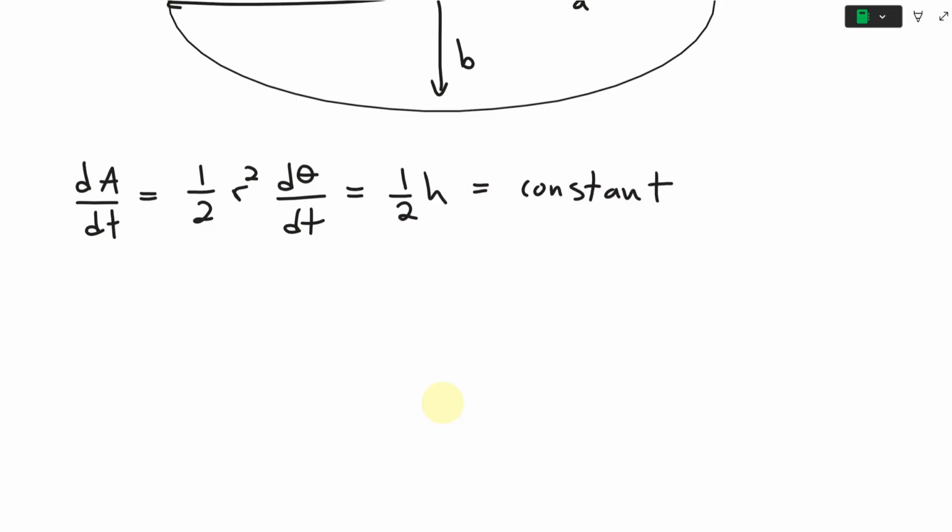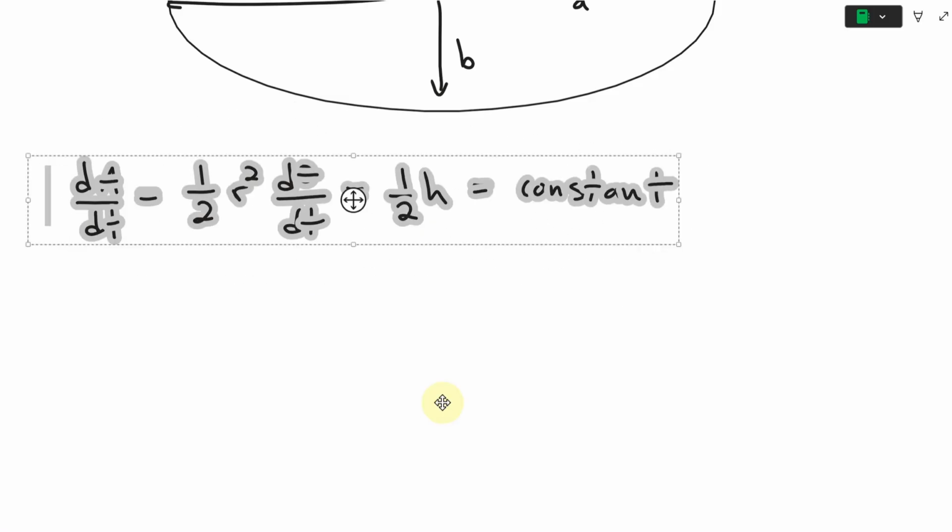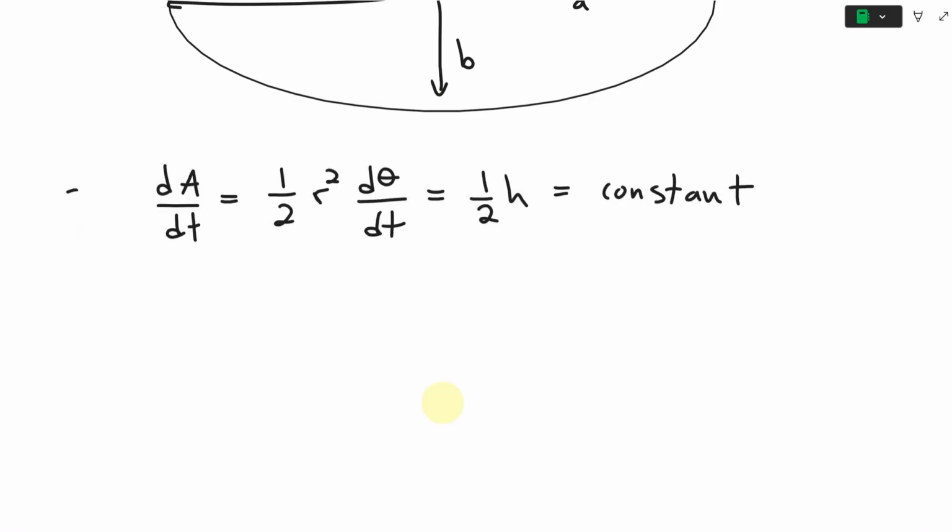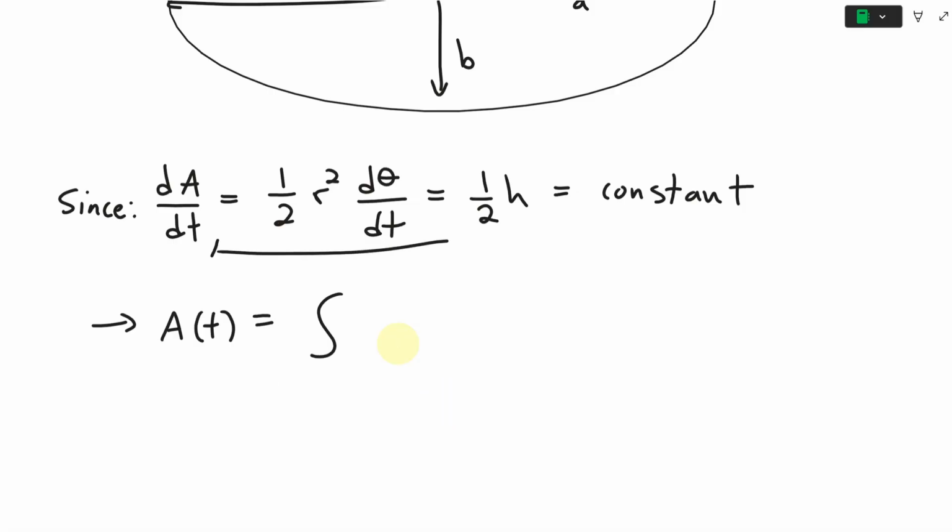Since dA over dt is constant, the area A of t is going to equal the integral of dA over dt. Basically we move the dt over to the other side, so it's the integral of dA, which equals, in proper notation, the integral of 1/2 h dt.